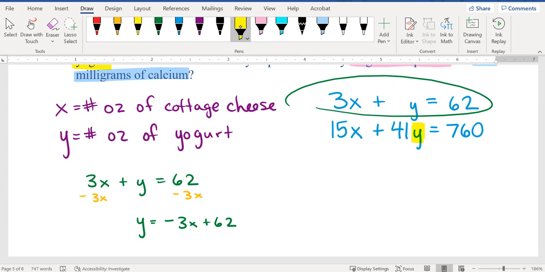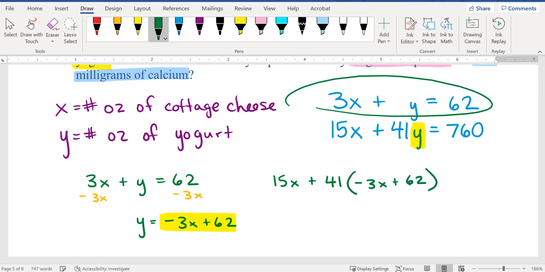Now, on the second equation, instead of writing y, I'm going to write negative 3x plus 62. Here we go. 15x plus 41, I'm not going to write y, I'm going to write negative 3x plus 62. And that equals 760. All right.